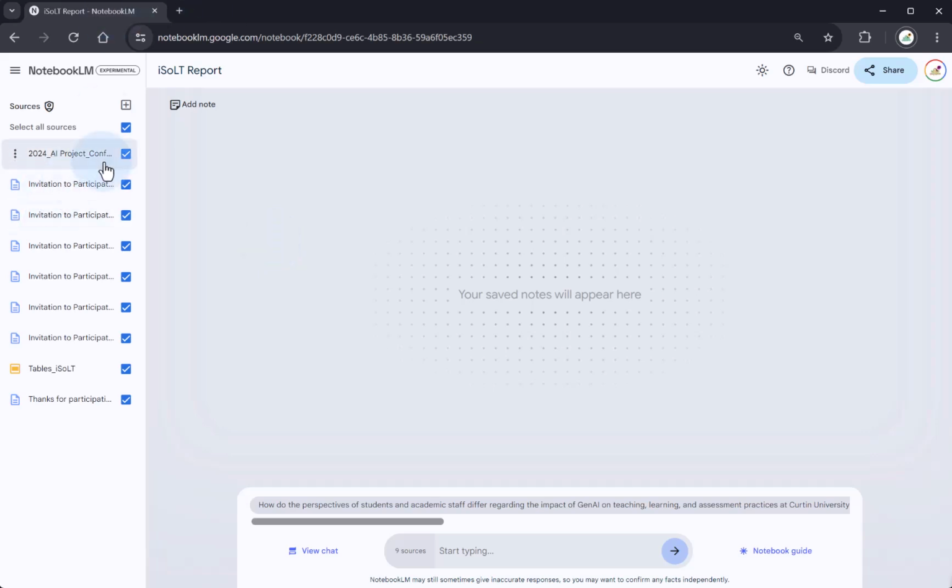Over on my left hand side, these are the sources. As you can see from here, these are all interview transcripts.